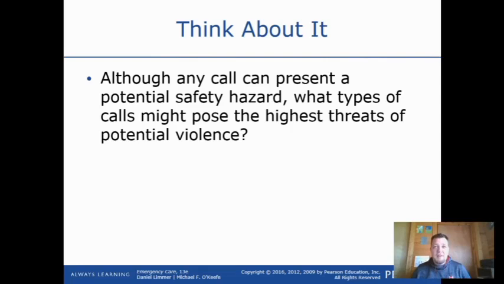I had a call one time where we were out in the middle of nowhere. We didn't have PD on scene. It was pretty much us and fire, and it was a sudden, unexpected death.